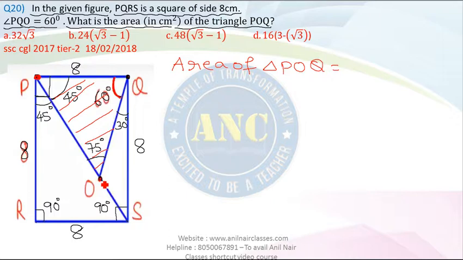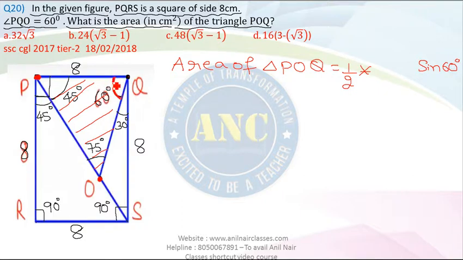PO's value I don't know. I don't know the value of PO. So opposite to 60 I don't know. So I will take it as sine 60. Sir, opposite to 60, if you don't know the value of the side, why are you taking sine 60? This is what we know as the area of a triangle using the sine rule. That means it is half into sine of that particular angle multiplied with the other two sides which are not opposite to that angle.